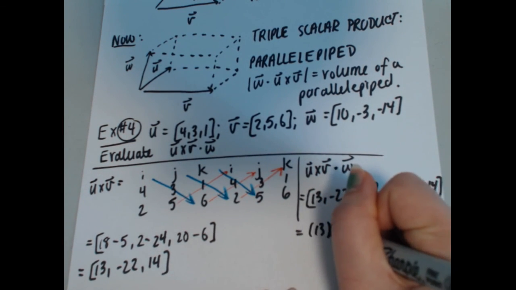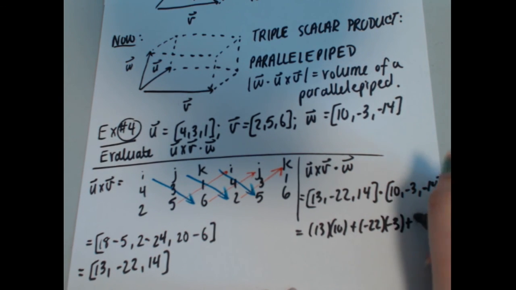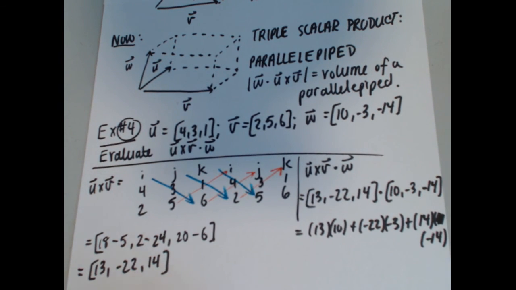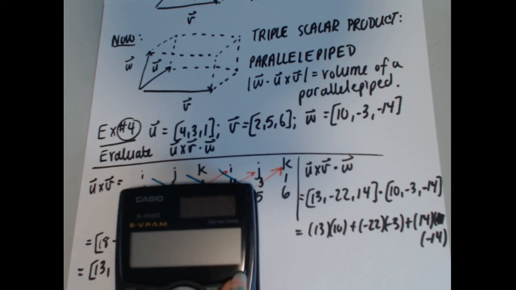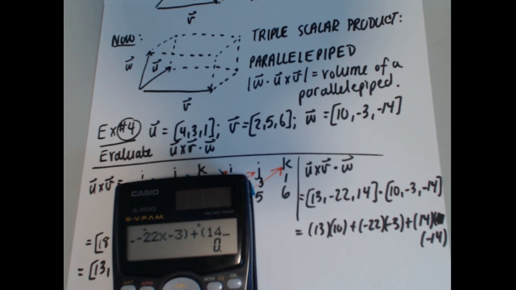We have 13 times 10 plus negative 22 times negative 3 plus 14 times negative 14. There we go. And grab your calculator.